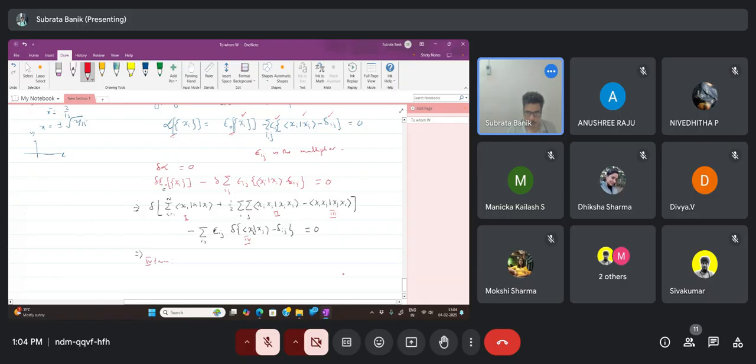What we get here? Sum over Ij, this is your double sum, epsilon ij. You take the derivative of the left side, the bra vector. If you take that, you get delta of chi i, chi j, right? Then you take the kth vector.